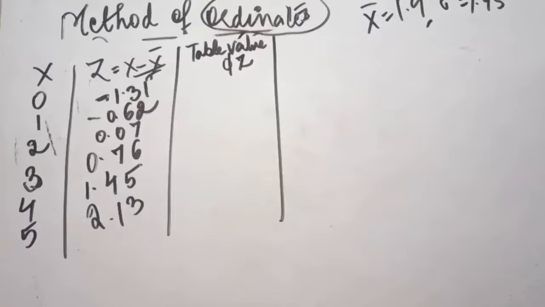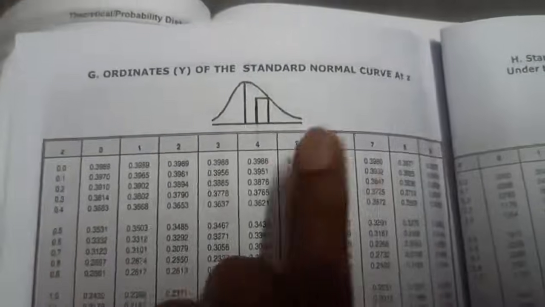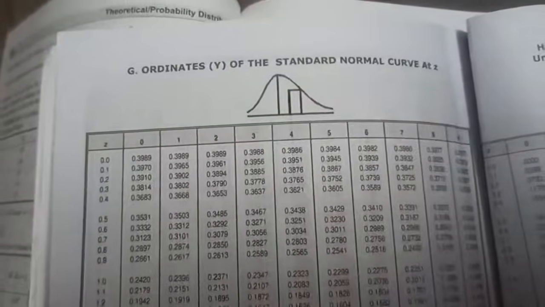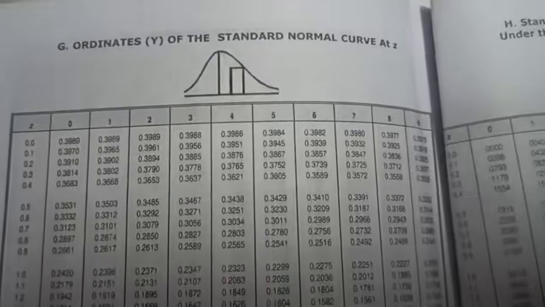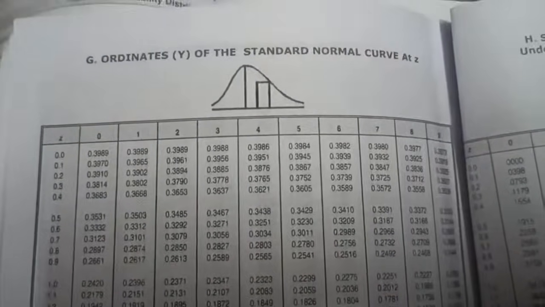The table of ordinates, because we are moving ahead with the method of ordinates, has been given at the end of your books. From there we will see this value 1.31. See, this is the table. It is written at the top of the table, ordinates of the standard normal curve. This is the table given at the back of your books that you will have to consult for solving the method of ordinates.